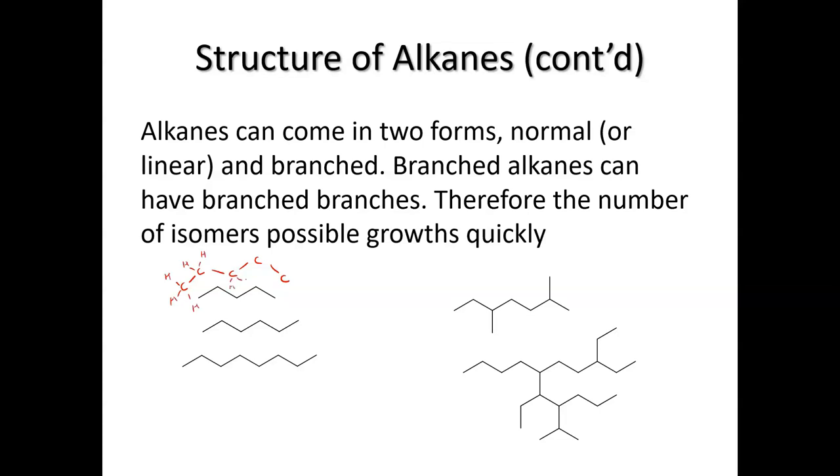So I'm drawing out all of the hydrogens, all of the carbons. But the top and the bottom structures are the same exact thing. The compound drawn below is the exact same thing that I drew in red.